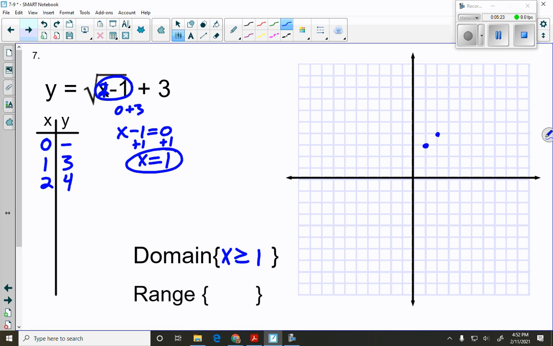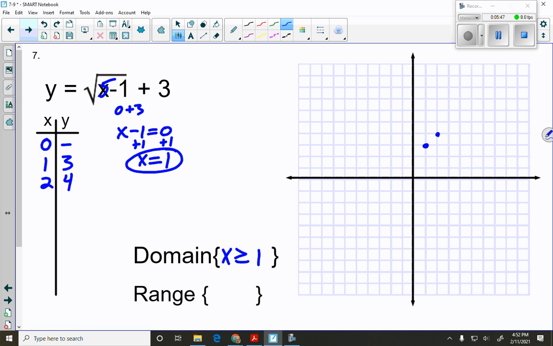Okay, so next we're going to plot a few more points in here. We've got to pick 2, 4. After that, it's going to get kind of messy. So I can pick 3 and get an irrational number. That is okay, but ideally, I'm going to try and pick values that give me nice square roots. So the square root of 4 is really nice. How about if I pick x to be 5?